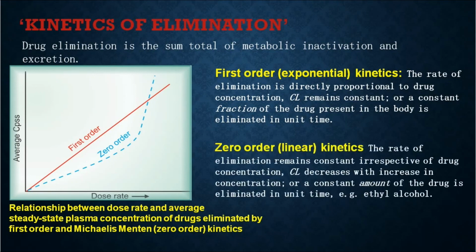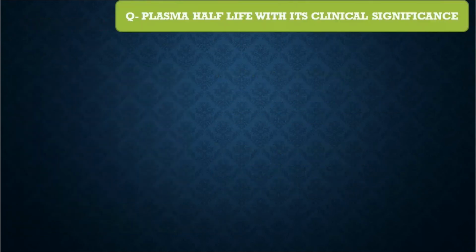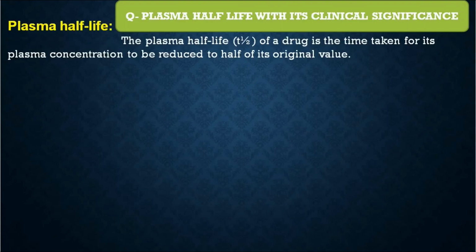Zero order kinetics is linear, that is, the rate of elimination remains constant irrespective of drug concentration, and clearance decreases because with time the plasma concentration of the drug decreases. Example: ethyl alcohol.